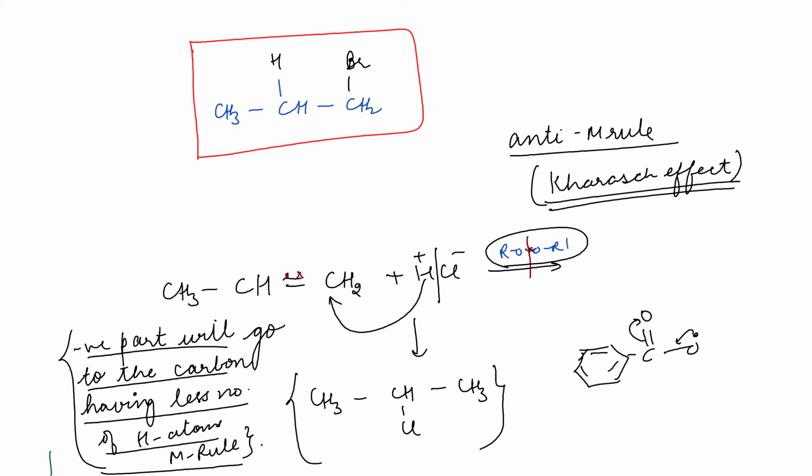So that's the idea. So negative part will go to the carbon having less number of hydrogen atoms. That is going to be my Markovnikov's rule. Understood or not? Got it.